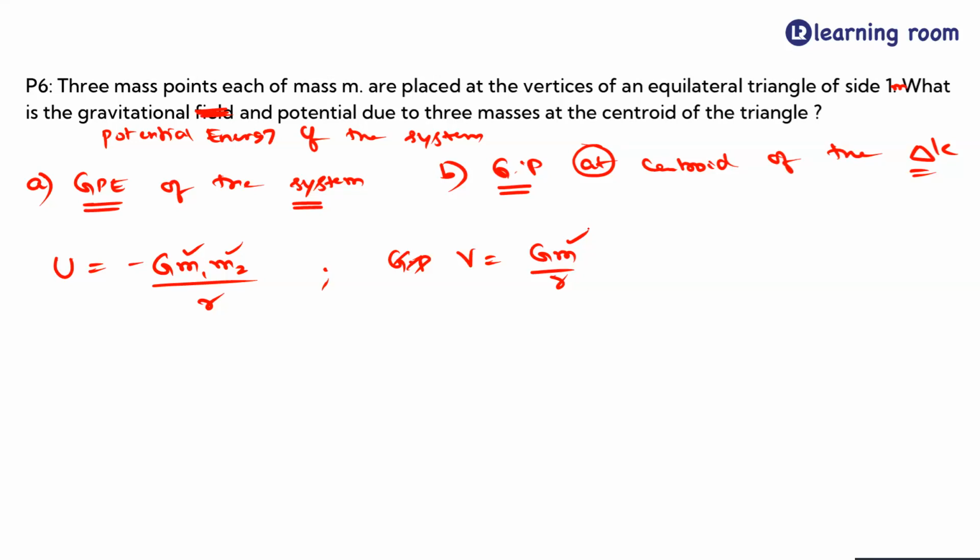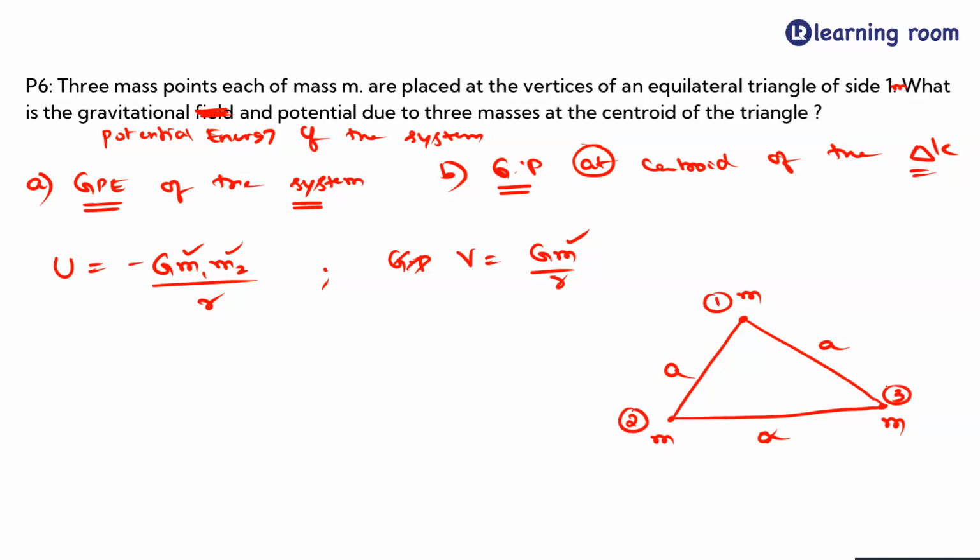Okay. So if you take 3 point masses placed at the vertices of an equilateral triangle, if this is M, this is also M, and this is also M, and they are separated by distance A. This is 1, 2, and 3. So how many masses are there? There are 3 masses, but the values are the same.